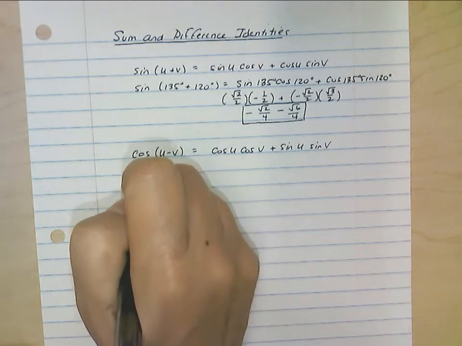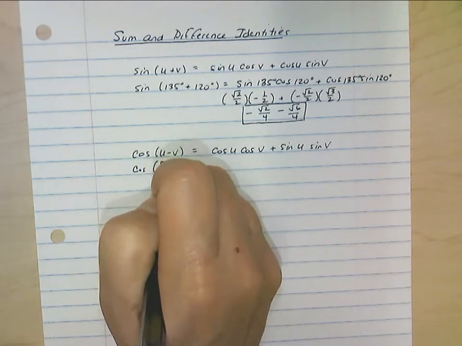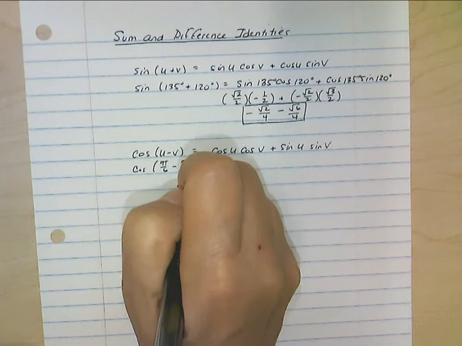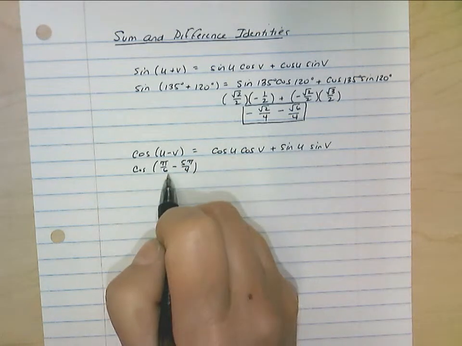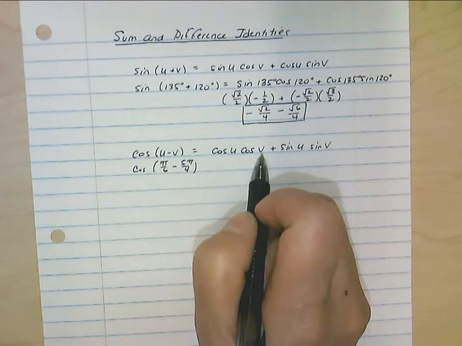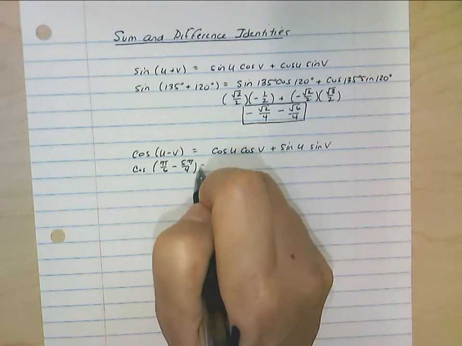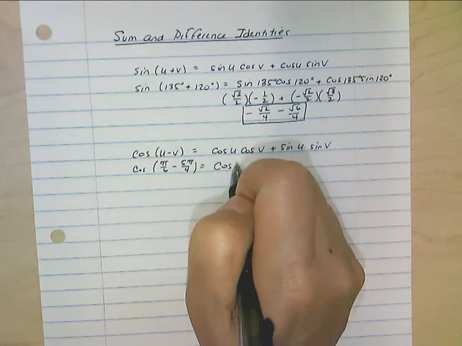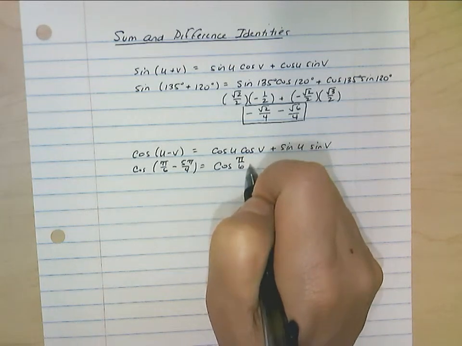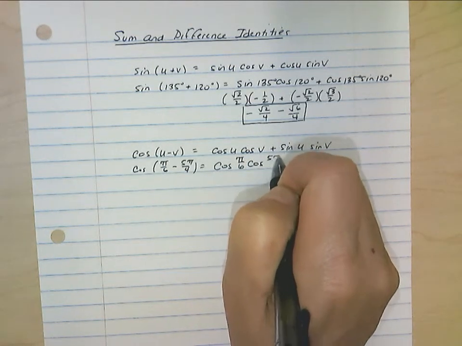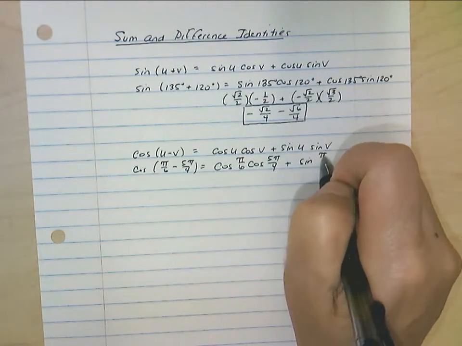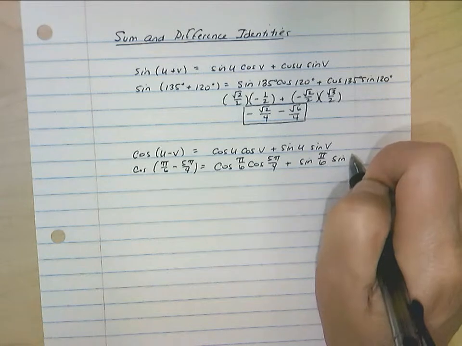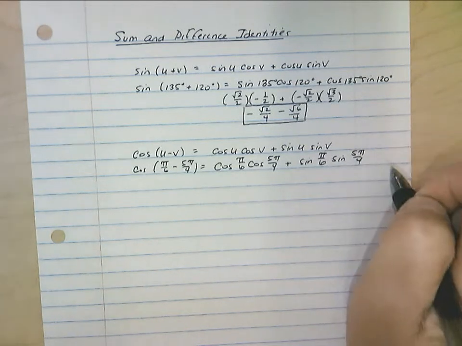So if I wanted to find the cosine of pi over 6 minus 5 pi over 4, I'm going to replace u with pi over 6 and I'm going to replace v with 5 pi over 4. So then this becomes cosine pi over 6 cosine 5 pi over 4 plus sine pi over 6 multiplied by sine of 5 pi over 4.